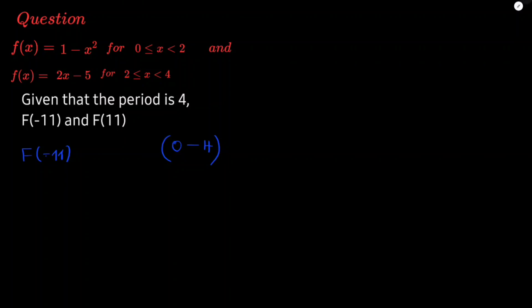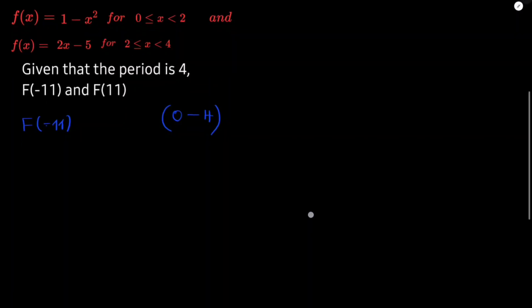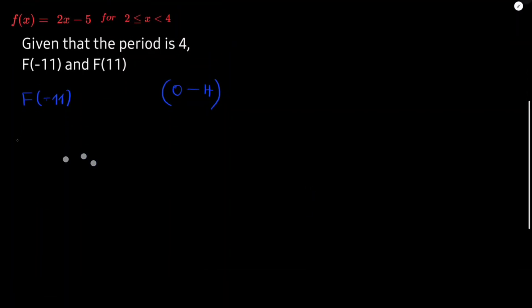If minus 11 was in our range, we would simply substitute it inside whichever function suits it. But it is not in our range. So we are going to add 4 to minus 11 until we have a number which is in our range, from 0 to 4.